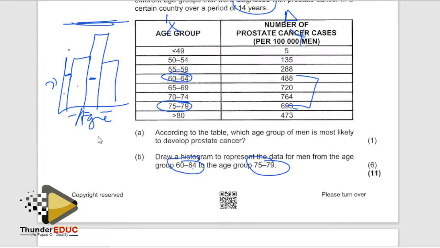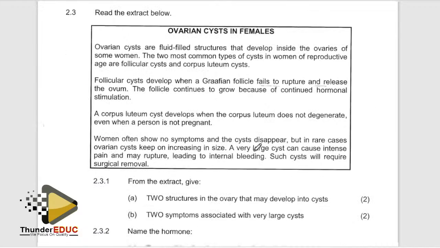For the marking: correct type of graph, we give you a tick; plotting, we give you a tick, maybe 2 marks; axis, x and y, 1, 2; scale, and then for the scale we leave spaces in between.